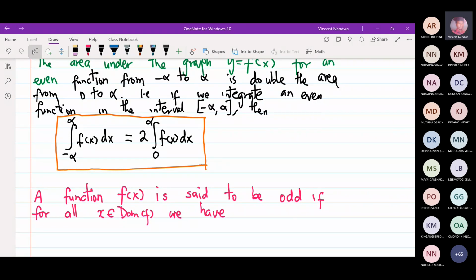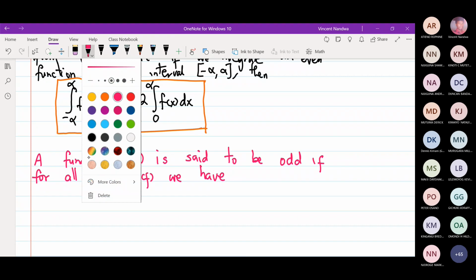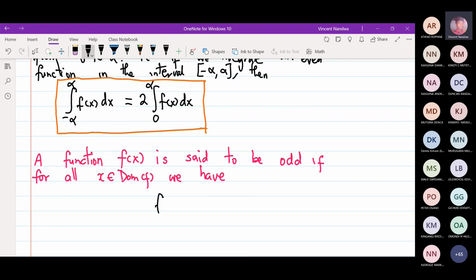The function f of x is said to be odd if for all values of x in the domain of the function, f of minus x is the negative of f of x.